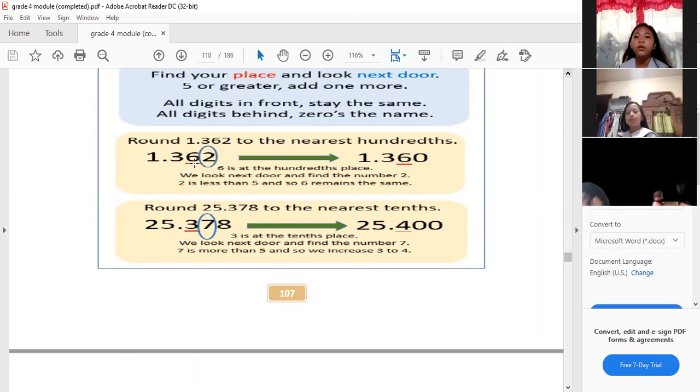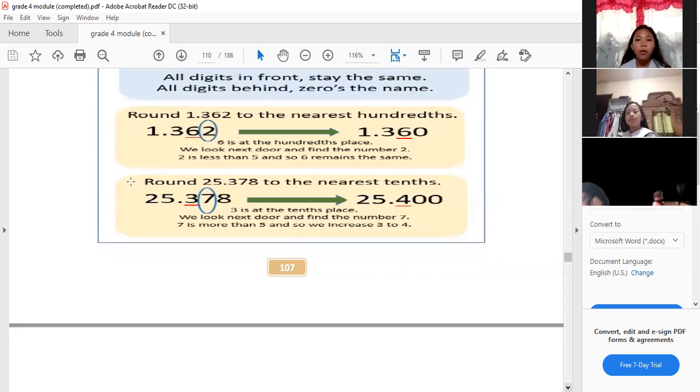Then we look at the digit beside it, which is 2. So 6 stays and does not become 7, because it's only 2. For 4 or lower, the digit will remain. For 5 or higher, it will add 1.